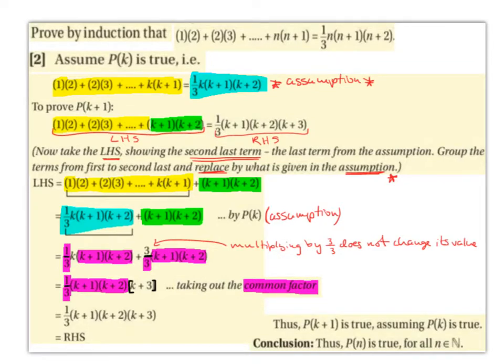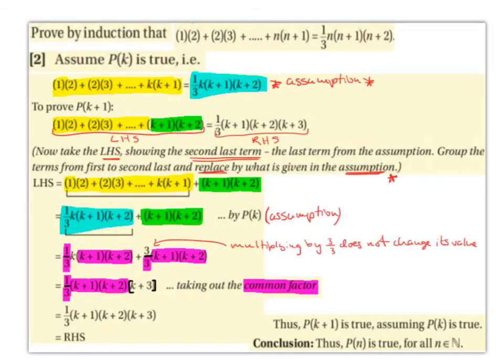So we're going to bring down what's in blue, a third times (k plus 1) times (k plus 2), here. And we're also going to bring down the (k plus 1) times (k plus 2), but we're going to stick onto the front of it 3 over 3. The reason that we're doing that is that ultimately we want to take out the highest common factor.